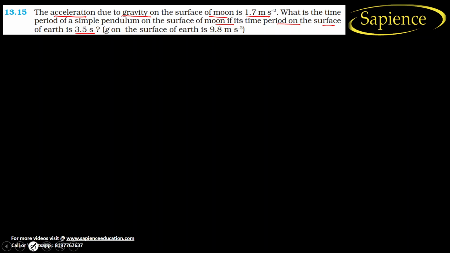So let us consider we have an earth and we have a moon. Now the pendulum is same. There is a pendulum on the earth, which has some length, and this pendulum has a time period.